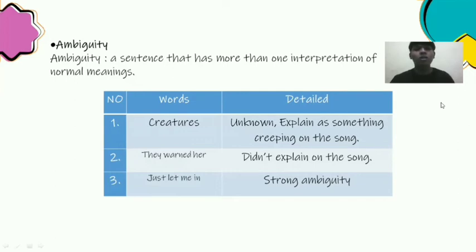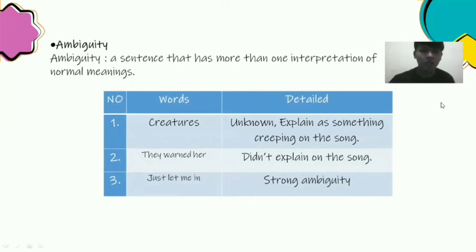So in the lyrics, I found 3 ambiguity words. The first is creatures. It is because in the song they didn't explain the creatures. They only said that it is something creeping, but we still don't know what kind of creatures we are talking about.